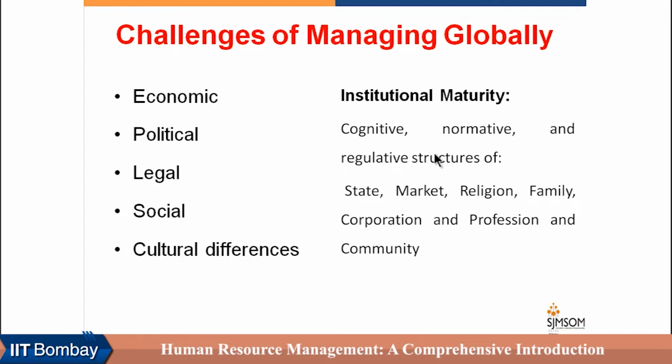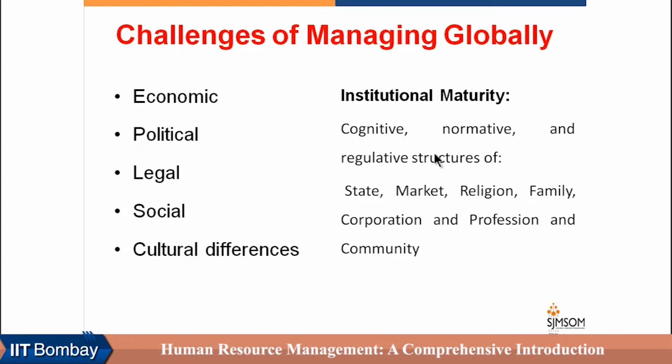Some of these institutions are very evident and can be understood very clearly. Their explicit description and nature is evident, whereas some institutions are implicit, cultural in nature, where you do not see written documents about the nature and function of those institutions, but they are very important in any society.